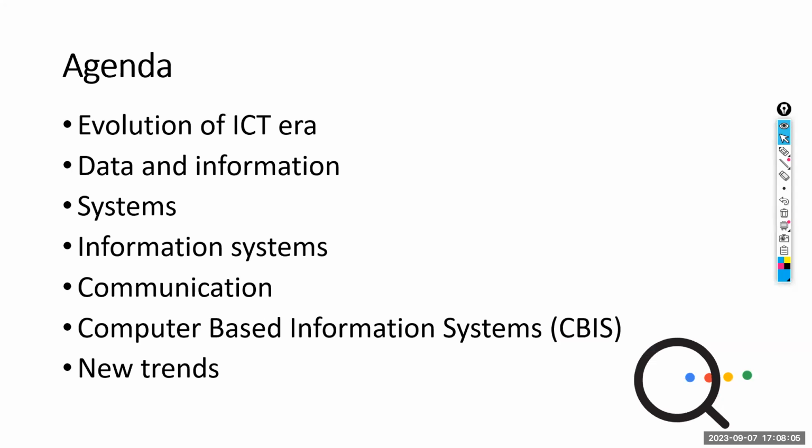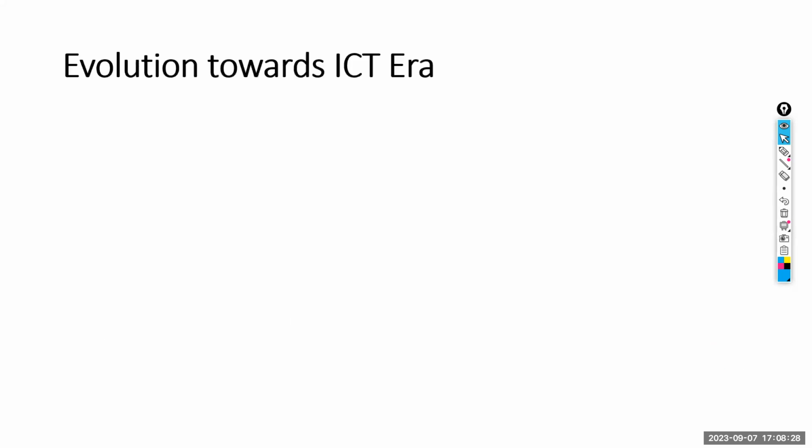What is data and what is information? What is a system? What is an information system? What is meant by communication? What is meant by a computer-based information system? And we'll look at some of the new trends as well. This is not the entire topic 1. This is just a small part of topic 1, just the introduction to topic number 1.